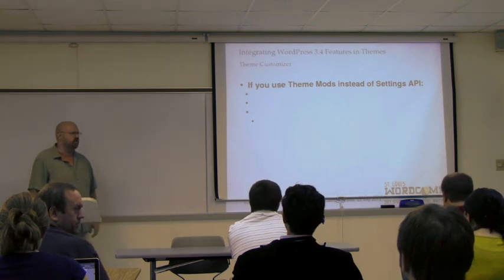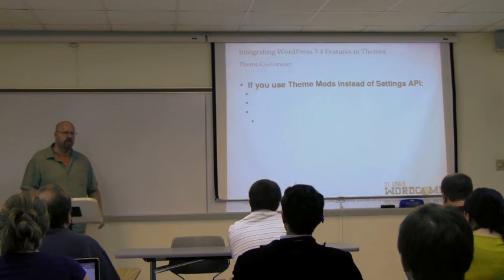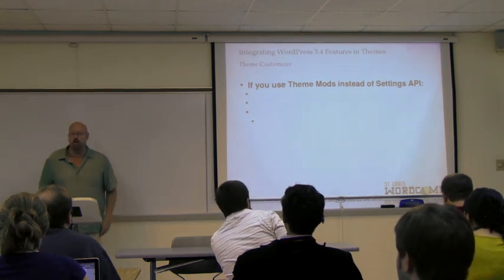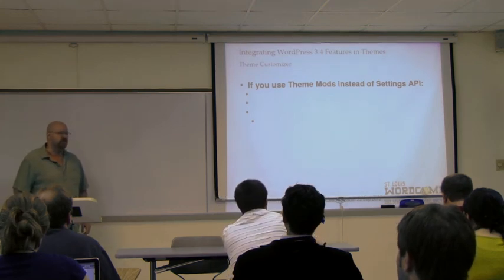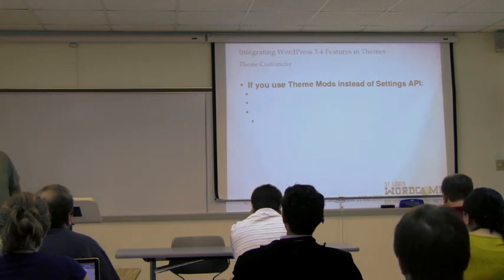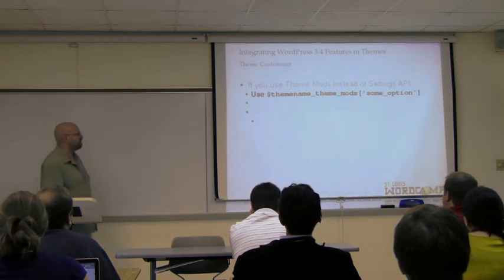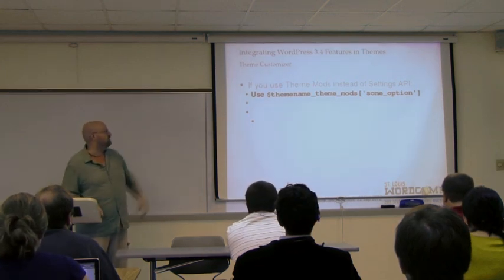WordPress doesn't use that exclusively. It's kind of an alternate approach to your theme settings. Use the settings API or use theme mods. Either one is fine. Most people use the settings API. I know Otto really likes to use theme mods. So it's just two different schools of thought. Either one is fine. And again, you can leverage what you're already doing with theme mods. You just replace your settings API register setting name with theme mods, some option.